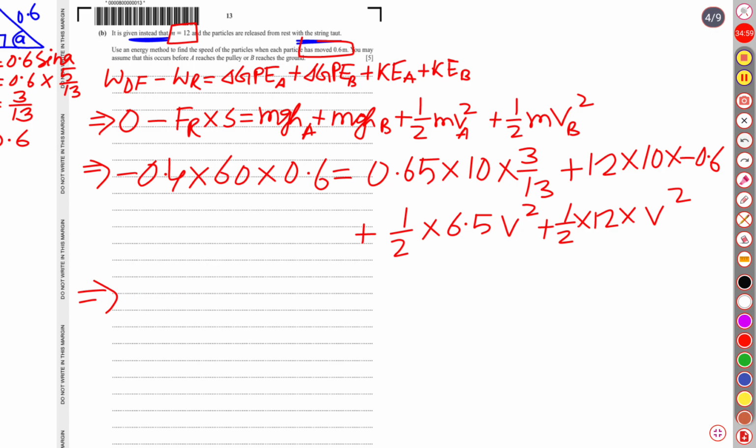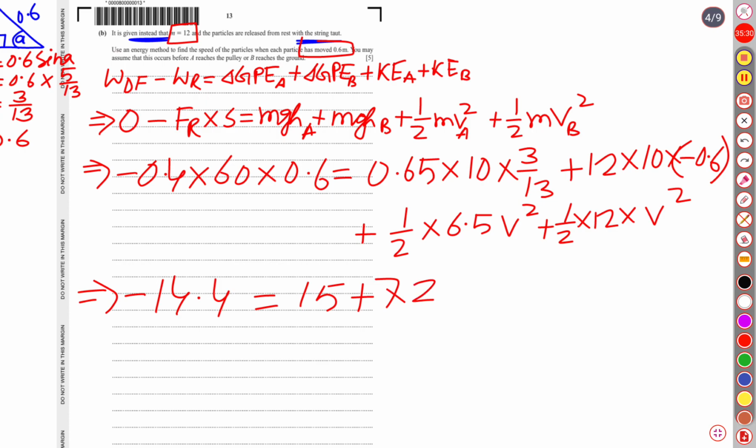Negative symbol should not be ignored. It is negative 14.4 is equal to here 65. If 65 is divided by 3, that is 5. So 5 threes are 15. It is going to be 15 plus, for the second case it is 120, and this is actually multiplication. 120 into 0.6, that is 72.